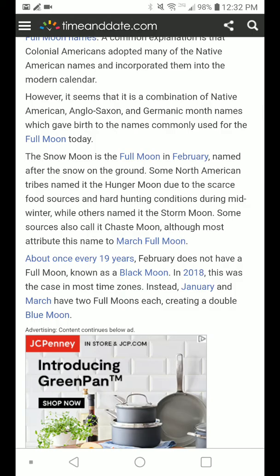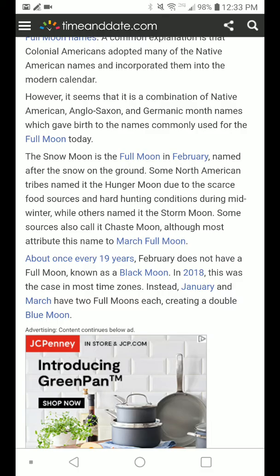The snow moon is the full moon in February, named after the snow on the ground. Some North American tribes name it the hunger moon due to the scarce food sources and the hard hunting conditions during midwinter. So all this is showing me this full moon is an omen that there's a famine coming.